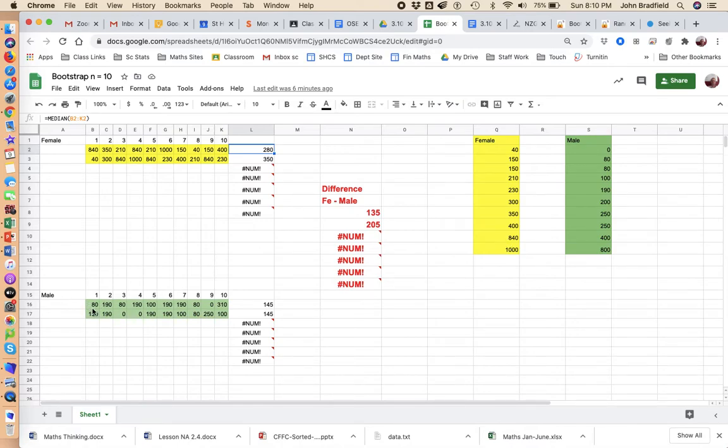At the same time, corresponding to that is the boys' first sample. Again, that's in green, so it's from here. So anything from those 10 can be chosen, but if it's chosen once, like the 80, it can be chosen again. Now we've got 80 twice in our original sample, so we can't tell which is which, but we've got 80 here, 80 here, 80 comes up 3 times.